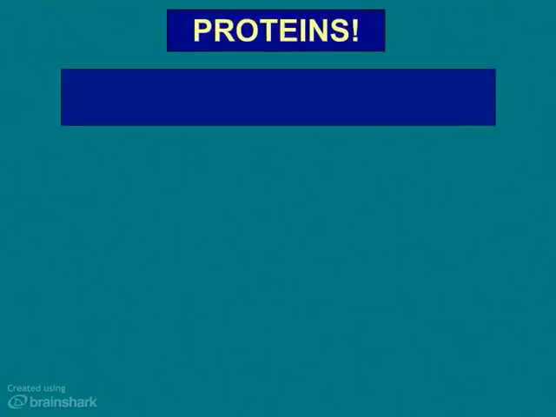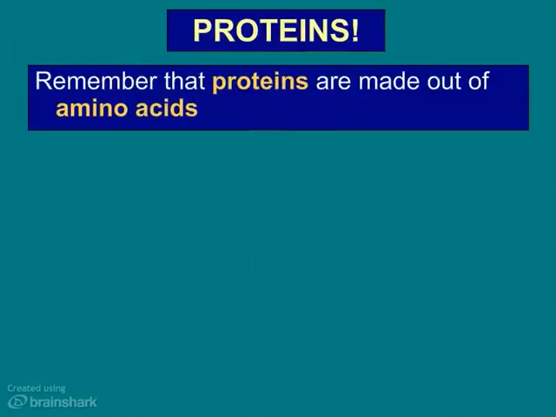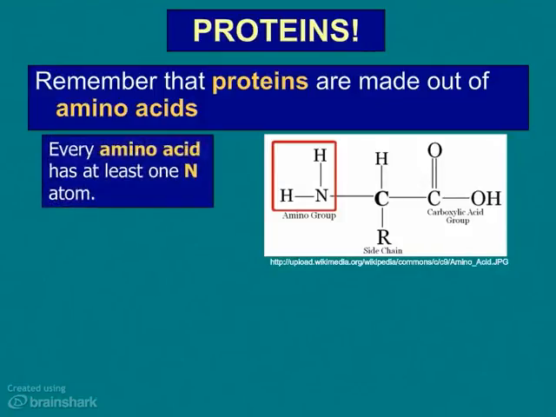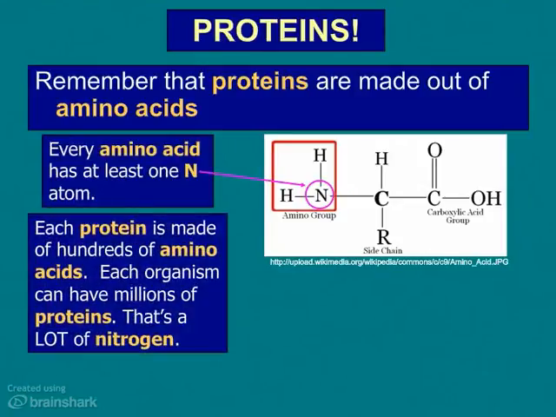Proteins, yeah. Hopefully you remember that each protein is made out of so many amino acids, and each amino acid has an amine group on the end, and in that amine group is going to be that one nitrogen.